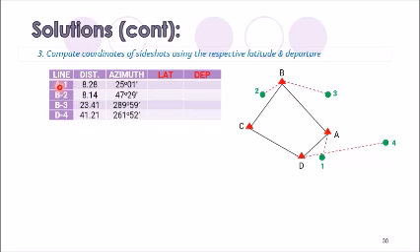We have station A to corner 1, station B to corner 2, station B to corner 3, and station D to corner 4 with their respective distances and azimuth. As I have said, you have to compute the latitude and departure. So meaning to say, you have to use the distance and the azimuth, that is here. And then you can compute now.